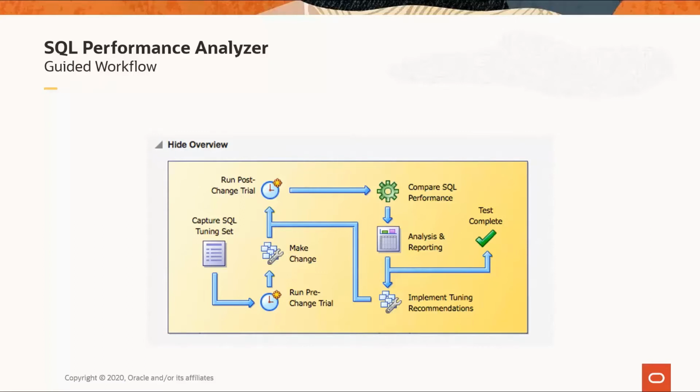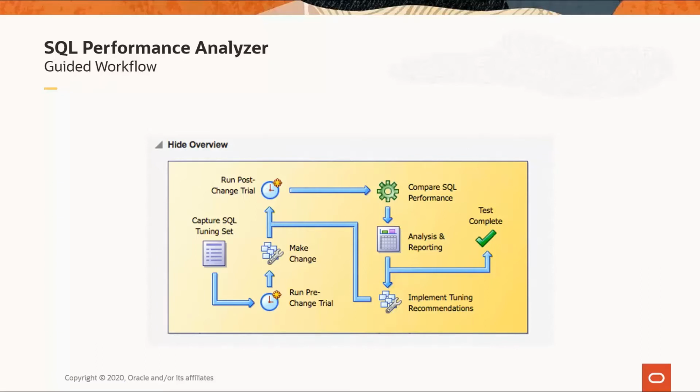Then we run a post-change trial in the system. Then we compare the SQL performance of that post-change trial against the pre-change trial. We get an analysis and we get reports. Then we implement the tuning recommendations that come from the report. We implement either SPM or the recommendations coming from SQL Tuning Advisor.